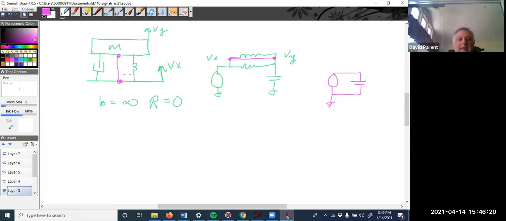Okay. Now again, let's think about it again. What if B equaled 0? It doesn't pass anything. If it doesn't pass anything, that means it broke. It's just not there.